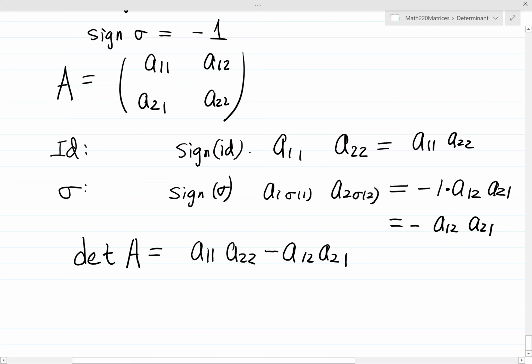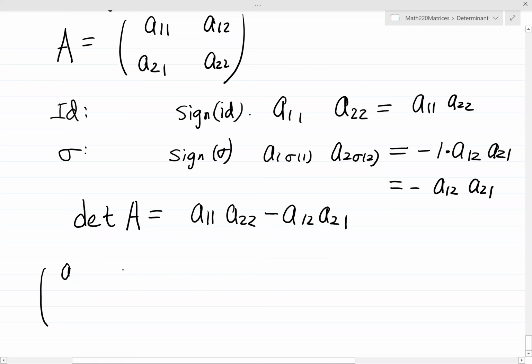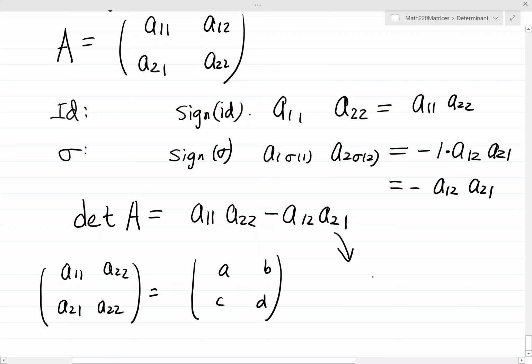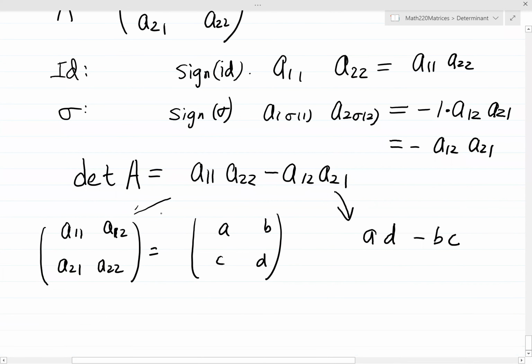If you write this as the matrix with entries A, B, C, D, you see that this corresponds exactly to AD minus BC, which is the definition of the 2 by 2 determinant.